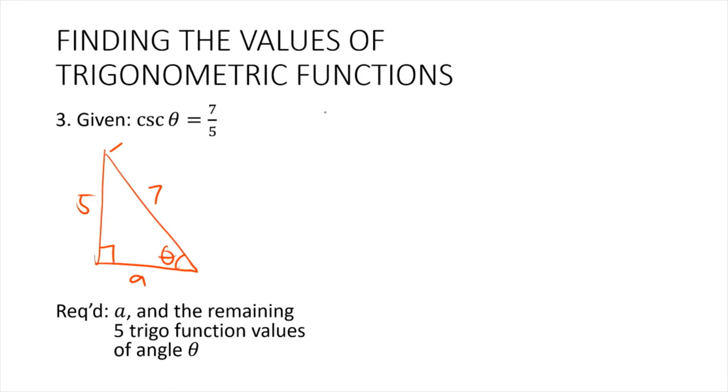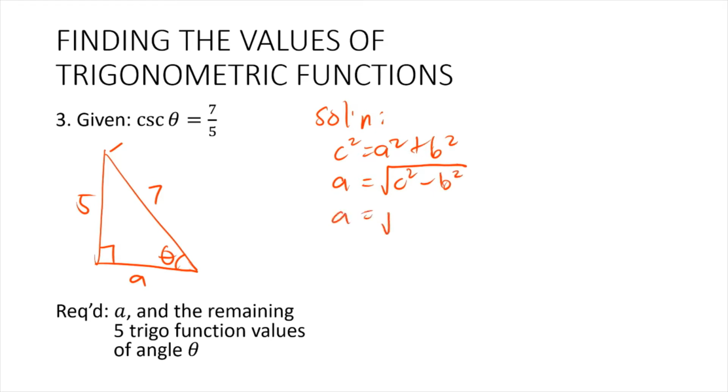Now let's solve. First, let's find A. So we have Pythagorean theorem, c squared equals a squared plus b squared. Isolating A, we get a equals square root of c squared minus b squared, where c is 7 and b is 5.